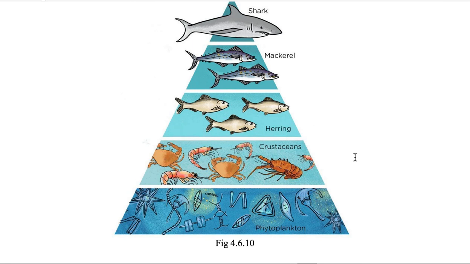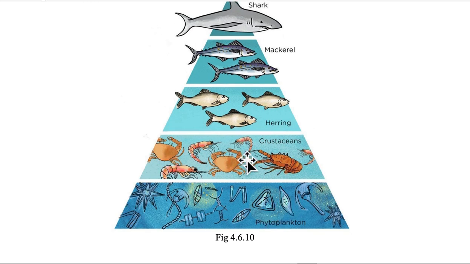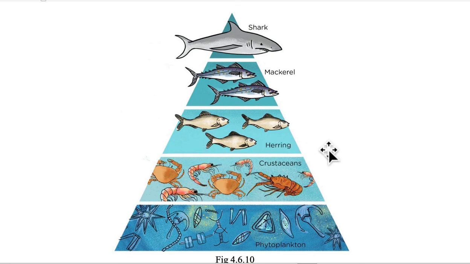Here again we have another pyramid showing marine life. These are the phytoplanktons, and they produce food. These are the small animals that feed on this food, but they are in turn eaten by bigger animals, and they again by still bigger ones, and the biggest is the shark. In this way, this pyramid shows the food chain of marine life.